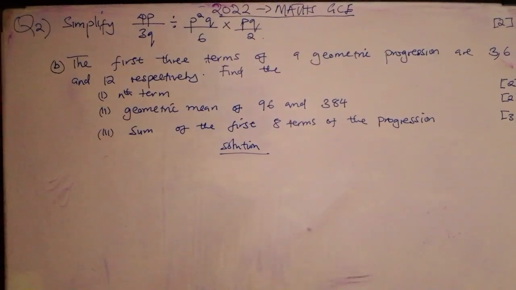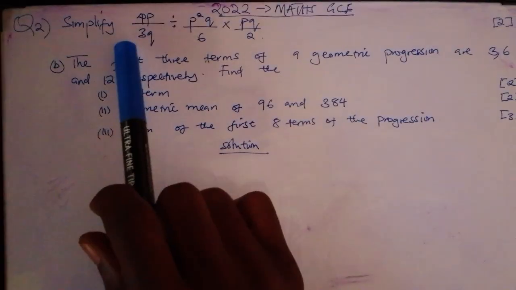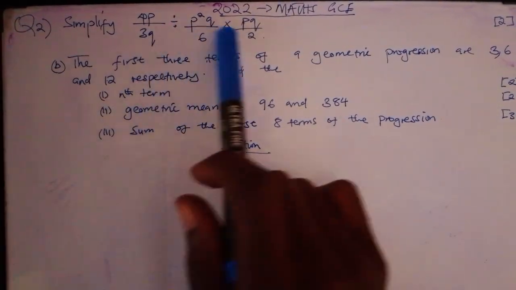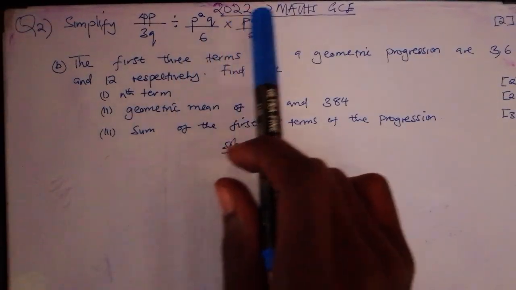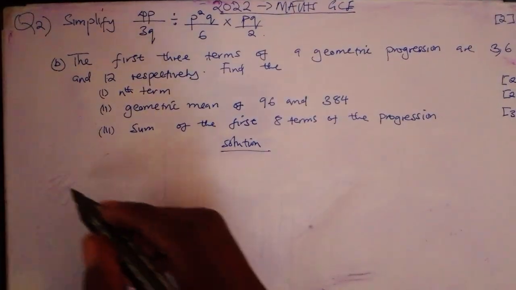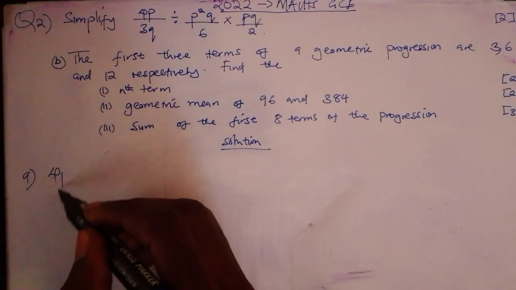So the question is saying simplify 4p divided by 3q, divided by p squared q divided by 6, times pq divided by 2. So that is our first question, which we are going to simplify.